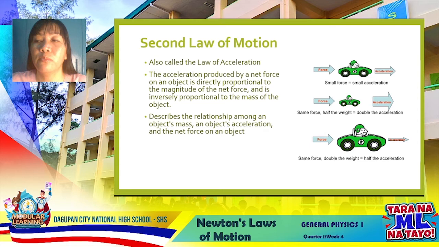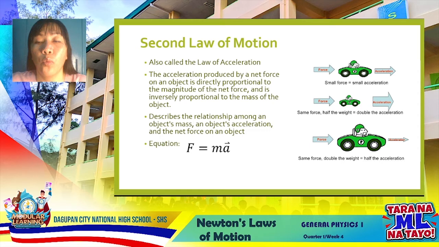By using consistent units such as newtons for force, kilograms for mass, and meters per second squared for acceleration, we get the exact equation F equals m times a, where a is acceleration, F is net force, and m is mass. The key principle of Newton's second law is that unbalanced forces acting on an object cause the object to accelerate.